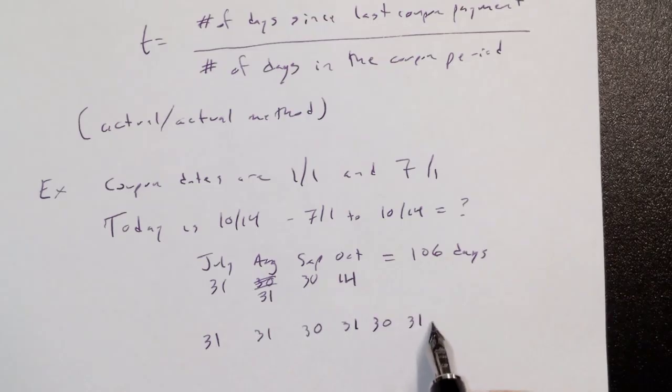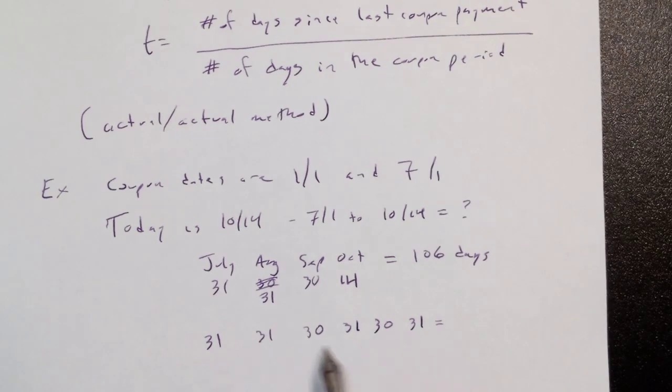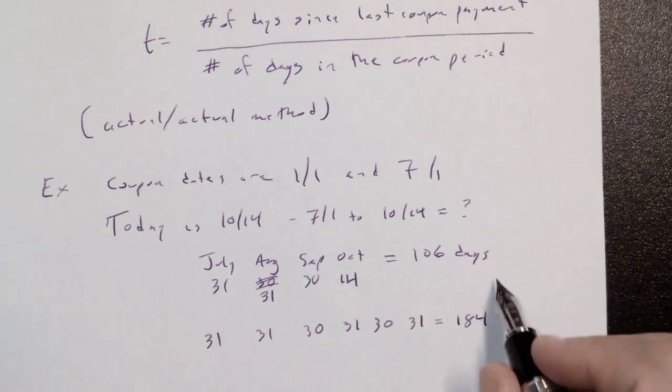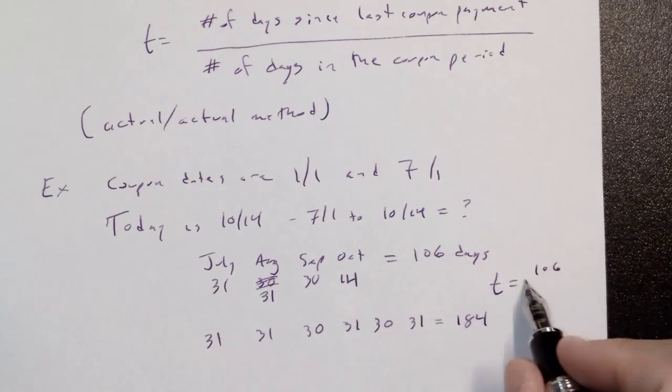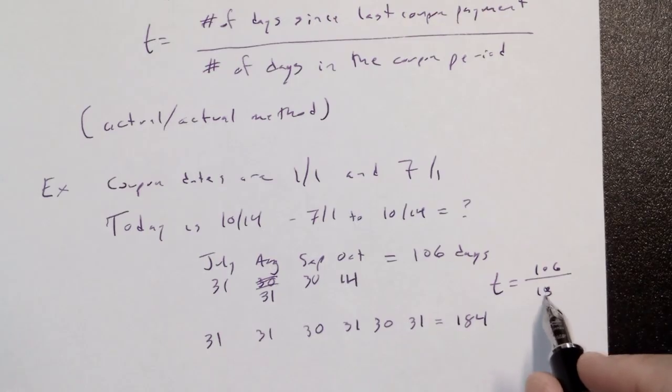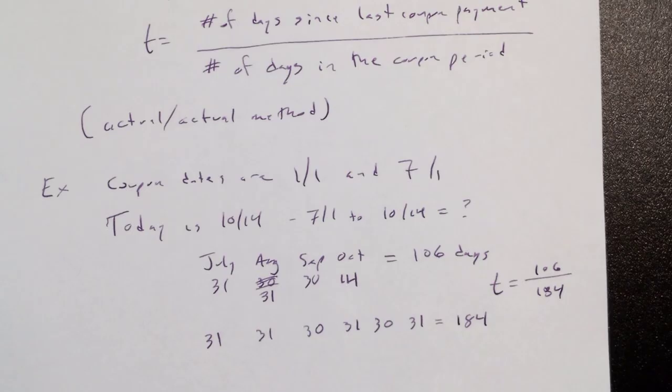And December has 31. 4 31s and 2 30s is 184. So T is 106 out of 184. I have no idea what this number is, but there's my T value. This is using the calendar, real days.